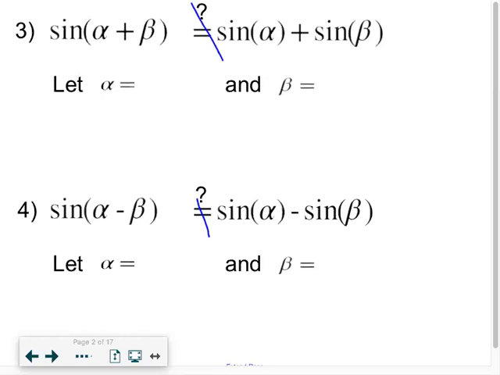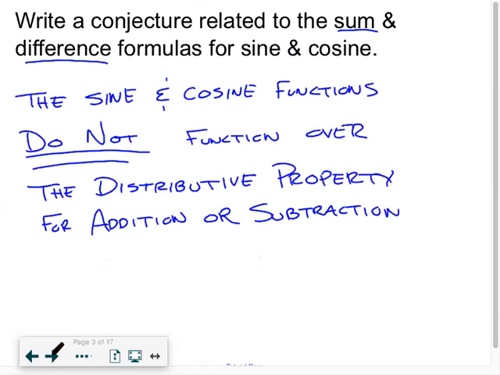Occasionally there are misconceptions where students think that sine of alpha minus beta is going to be the sine of alpha minus the sine of beta. That's not true. It doesn't work. Please don't get yourself caught in that mess, because it can be kind of disastrous. And again, this is just a statement saying that the sine and cosine functions do not work over the distributive property for addition and subtraction if there's an addition or subtraction inside the sine or cosine function. That's pretty basic.